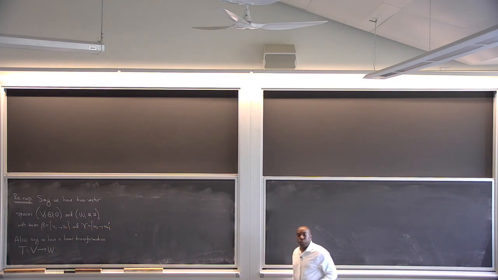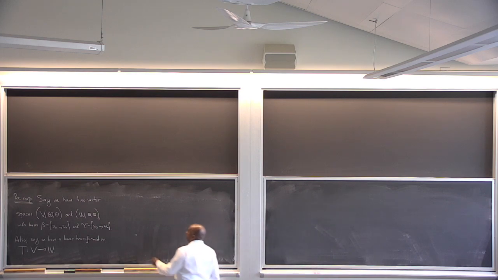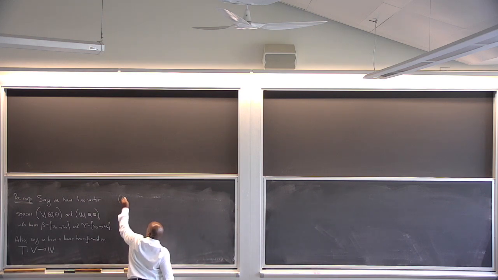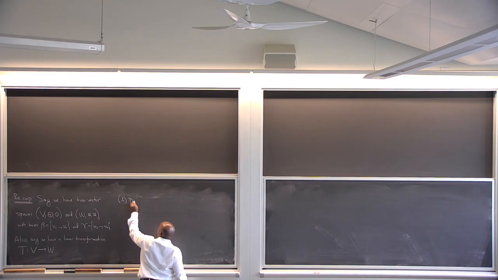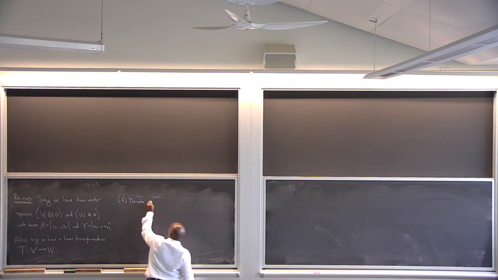Now before, we introduced a couple of maps. Let's consider this map, which I will denote as phi sub beta.